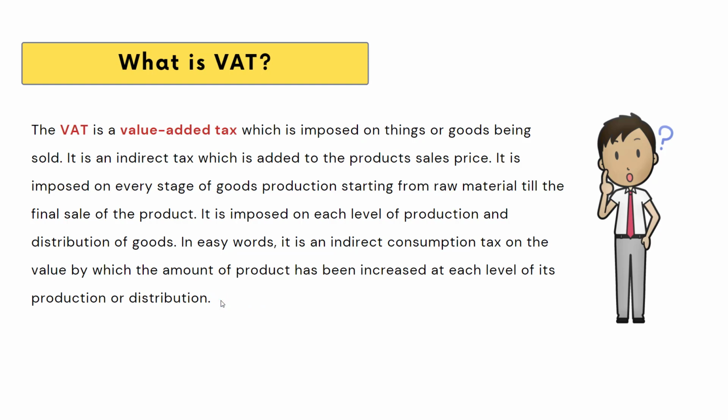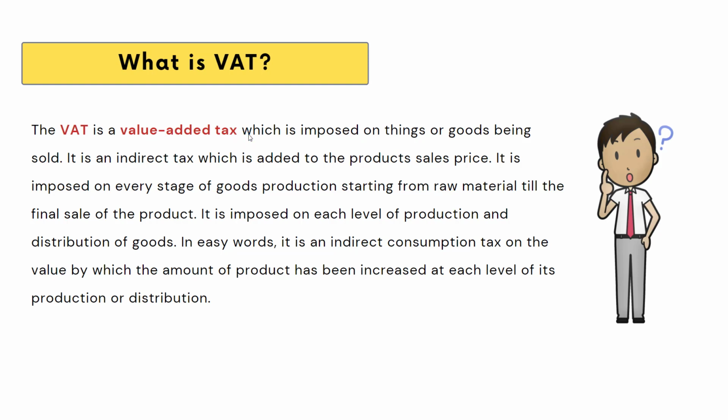Okay, let me tell you what this VAT exactly is. A tax which is added to the product's sales price is called VAT. For example, you bought a pencil box, and that pencil box is $10, and in that $10, $2 will be this value added tax, which you don't know exactly how much you're paying for a particular product.